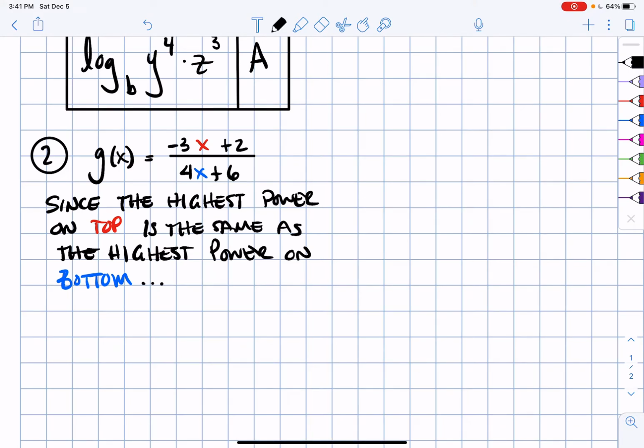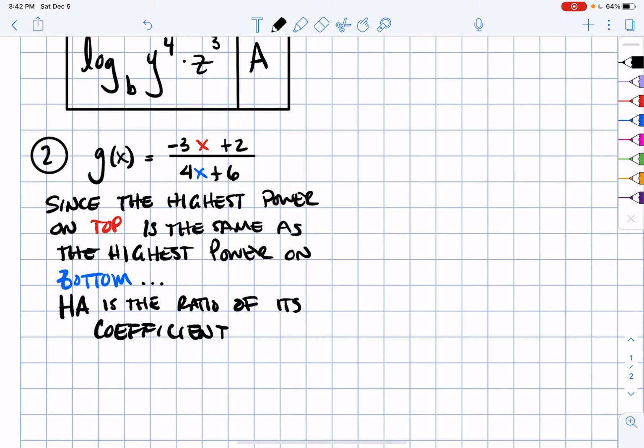then the horizontal asymptote is the ratio of its coefficients. Okay, or coefficients. There we go.